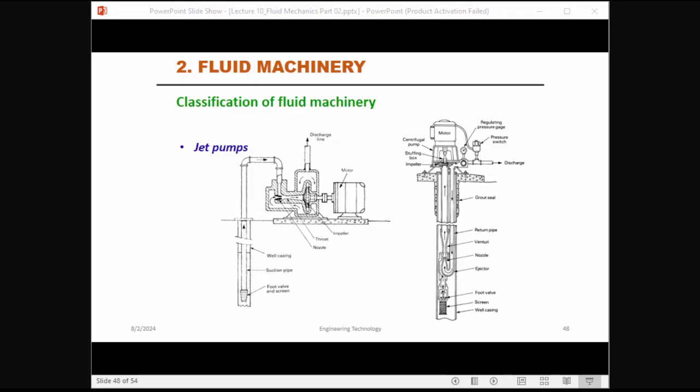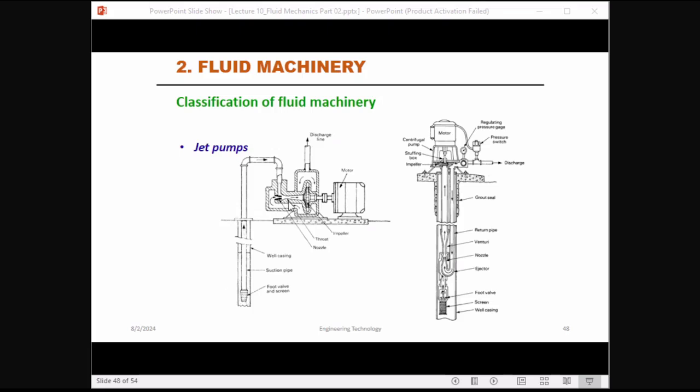It operates on the principle of fluid jetting. Here you can see something like a nozzle.